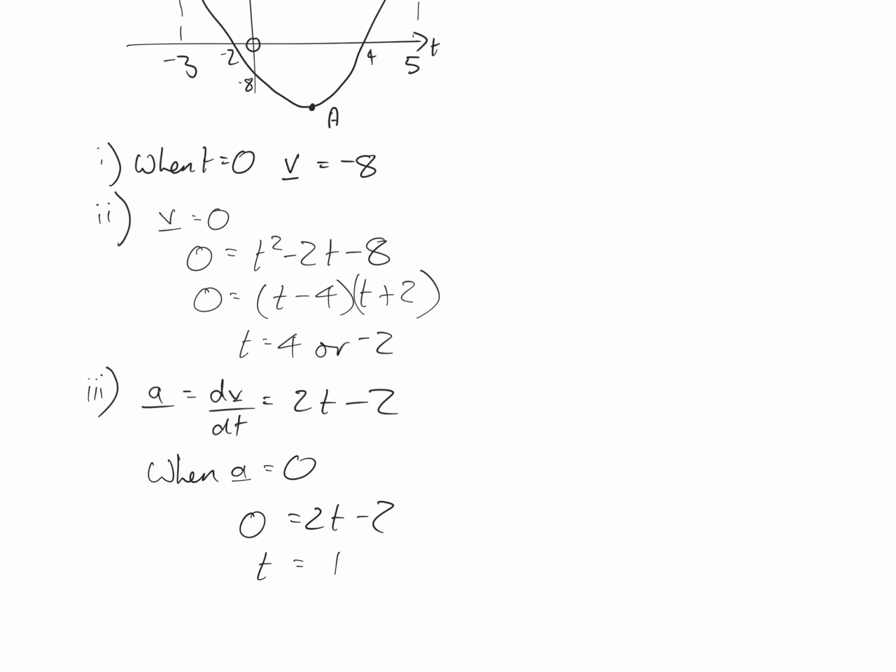So the velocity equals 1 squared minus 2 times 1 minus 8, which is 1 minus 2, which is minus 1, which is minus 9 meters per second.